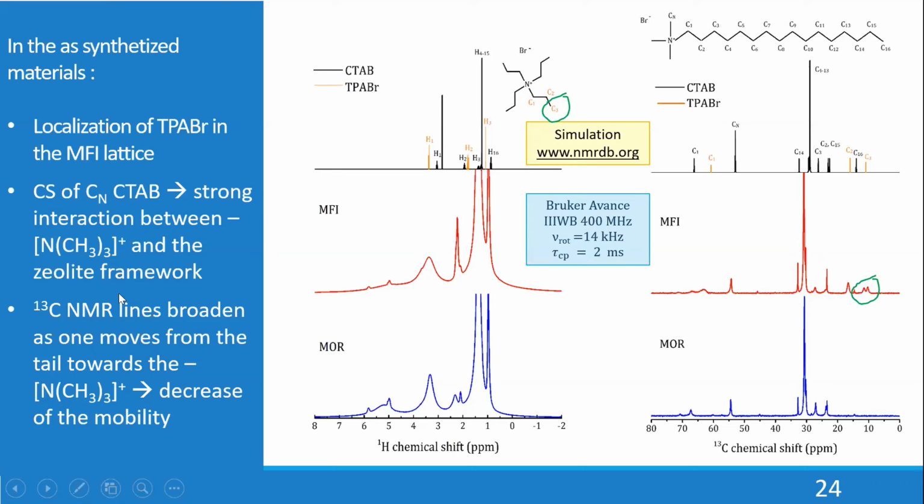Also, what is interesting, both for protons and especially for C13 NMR lines, they are broadened when we move from the tail towards the head of the CETA molecules. It means the mobility of these molecules decreases from the tail to the head.